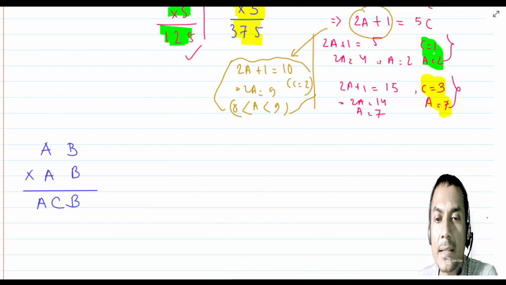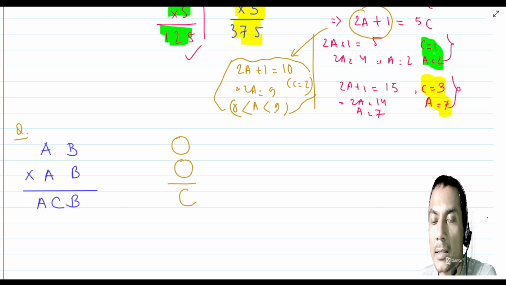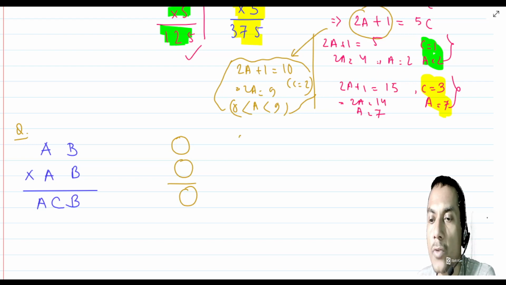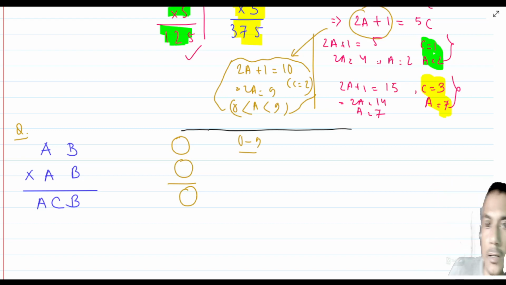Let's answer the second question. Here, if I take the two circles here, blank circles, and another third circle. Now how many numbers can I choose from 0 to 9, so that if we multiply, this was the first, top is the first answer or second, and the bottom is for the second answer.